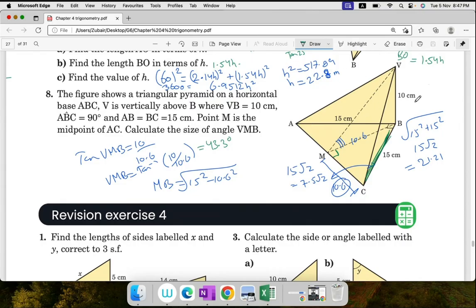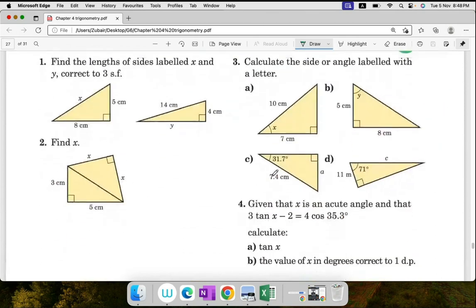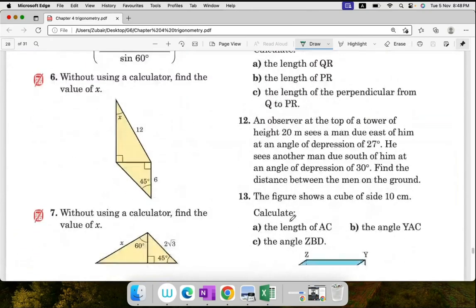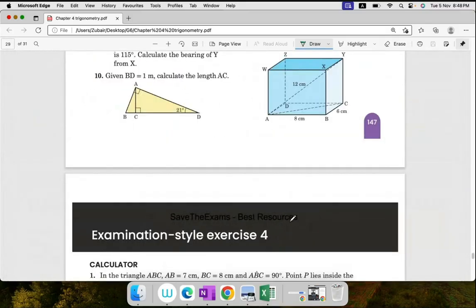Out of all these, I think you're a bit slow only on selecting sine, cosine, and what to use. Other things are fine. Your concepts are clear. You're getting correct answers. You're handling 3D shapes well.